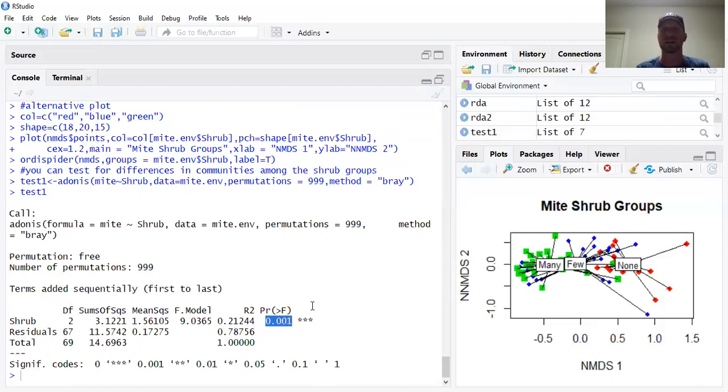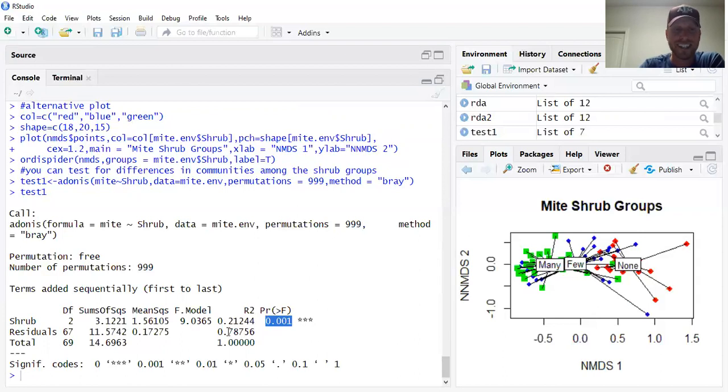And usually for significance, we use a threshold of 0.05. So the probability of getting a number larger than 9.03 is very small, meaning there's a significant difference among these groups. If that F value was much smaller, 1.1, for example, instead of 9.0, that p-value, the probability of finding a larger value, would increase. And when it increases past the level of 0.05, then we cannot conclude that there's a significant difference.